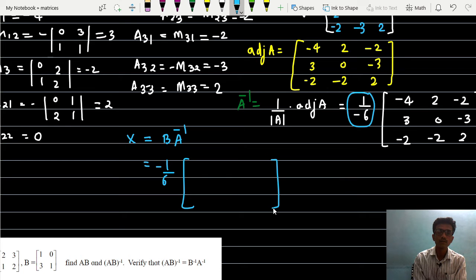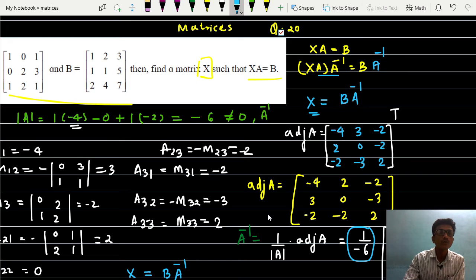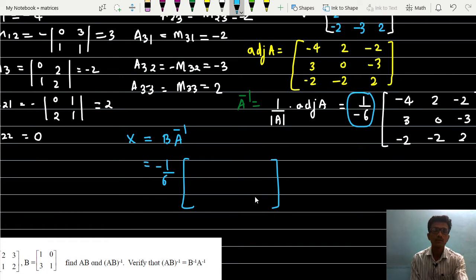Matrix B. So our matrix B is what? First row is 1 2 3.